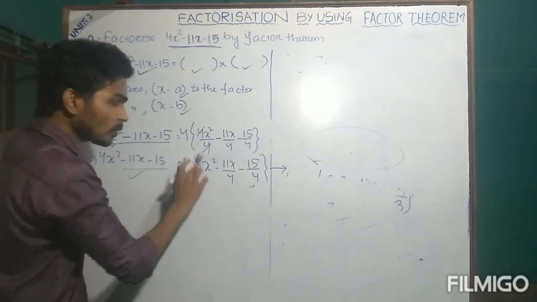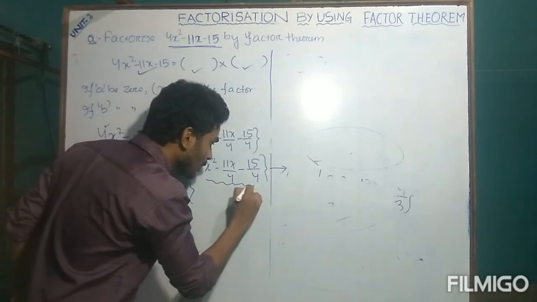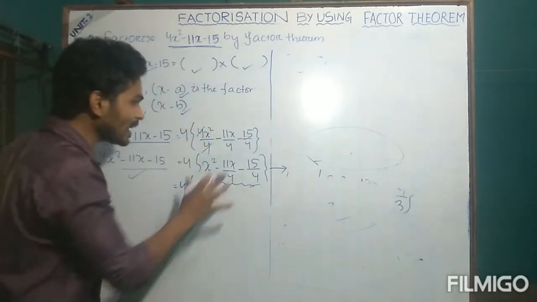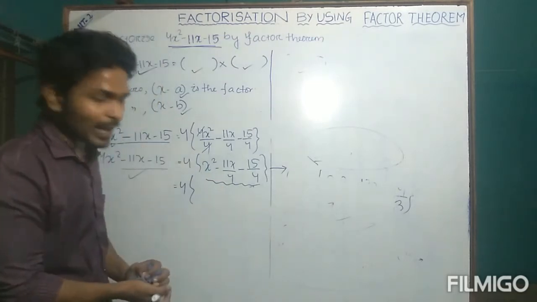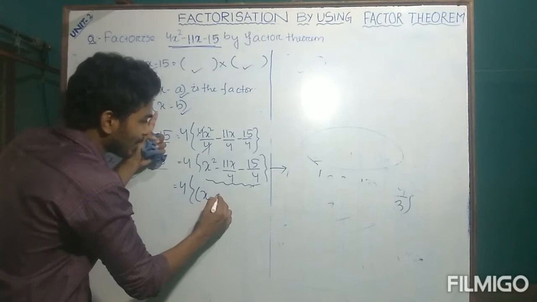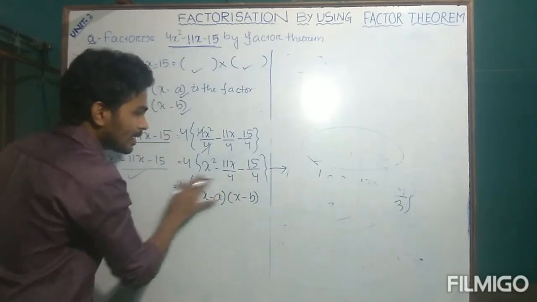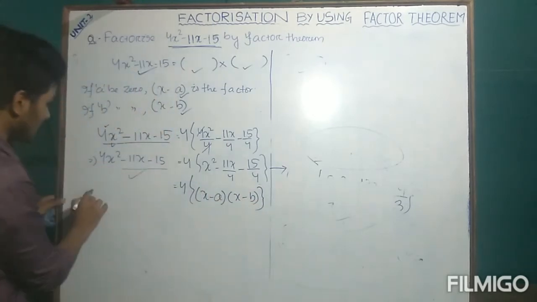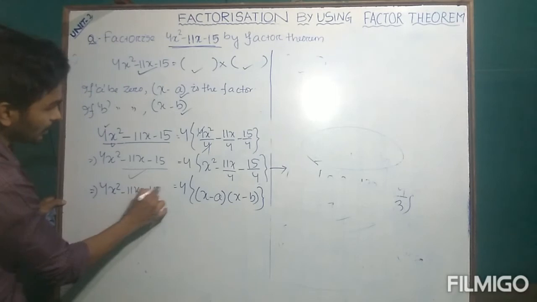Since the coefficient of x square will be 1 here, that means we can write this quadratic polynomial as the product of two linear polynomials. How? Since the factors are x minus a and x minus b. Hence, in the left hand side we have 4x square minus 11x minus 15.